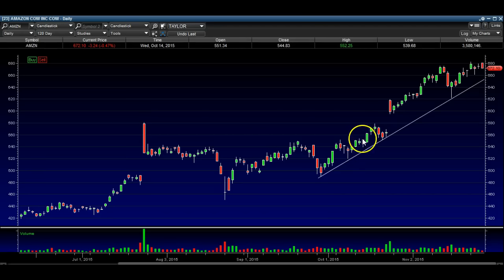I would still consider that a touch. Okay, and just like these over here, so you really want to just get the angle. Okay, so we've got this nice uptrend line for Amazon to kind of use as a barometer of where it's headed, and if it breaks, it could possibly be heading down as well.